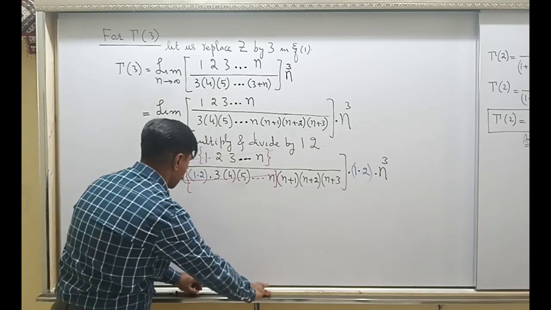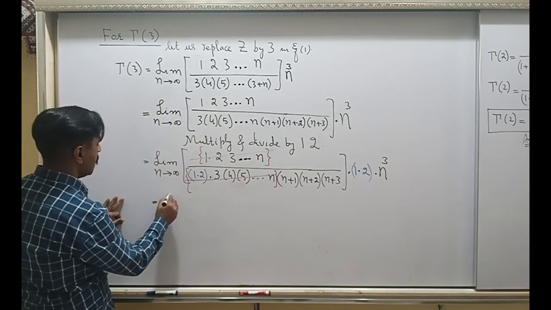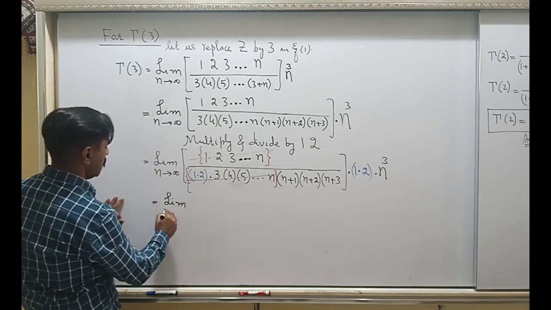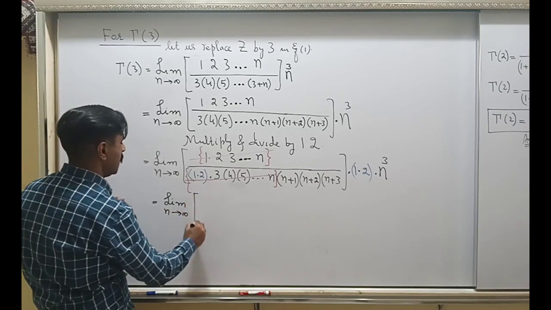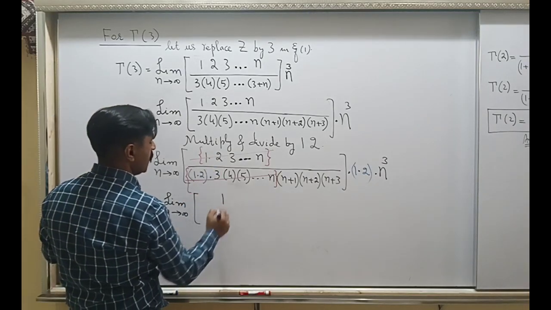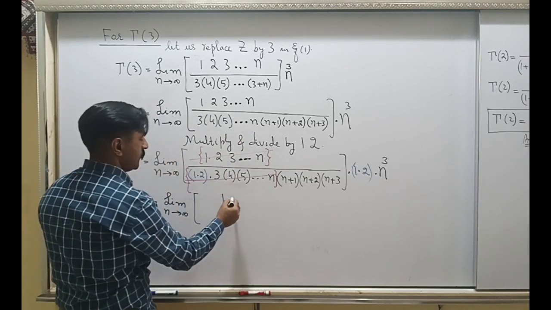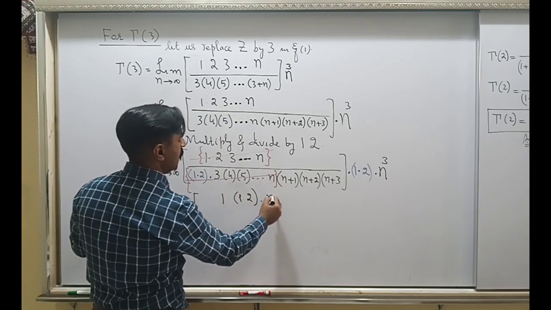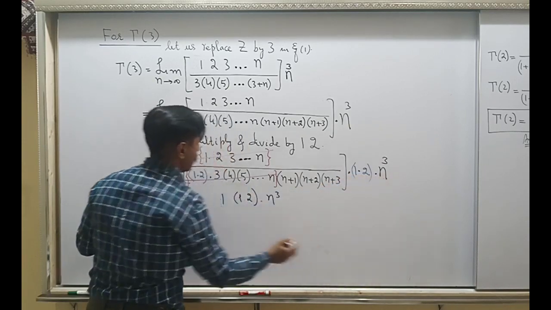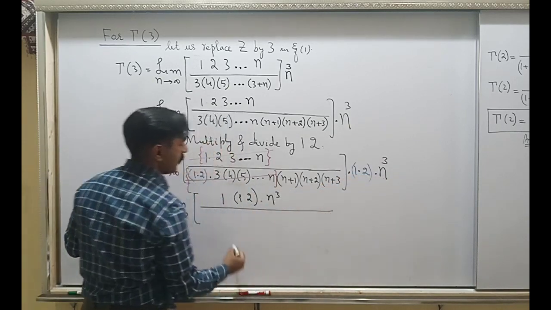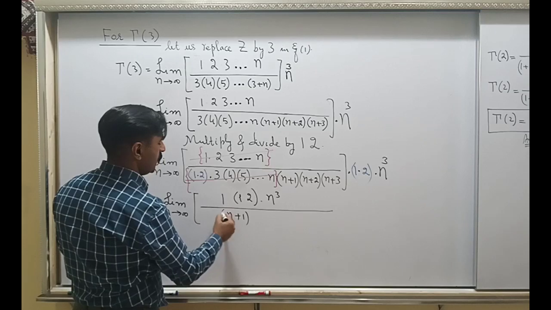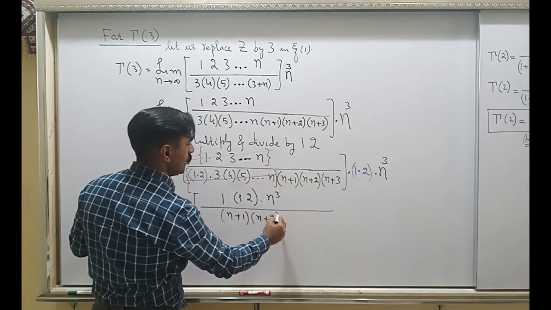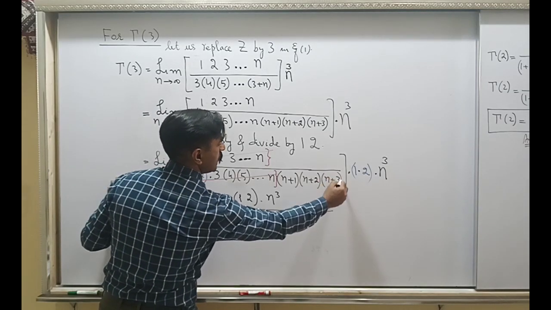And what is your result now? It is limit n approaches infinity, 1 into this blue 1 into 2 into n cube, which is black, and in the denominator you have n plus 1, n plus 2, n plus 3.